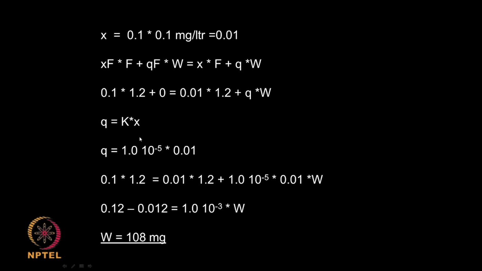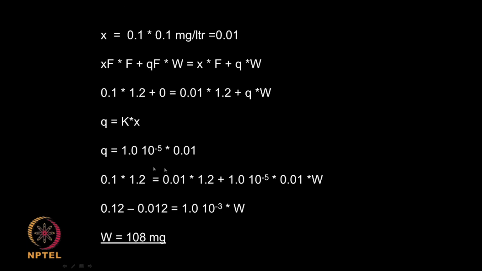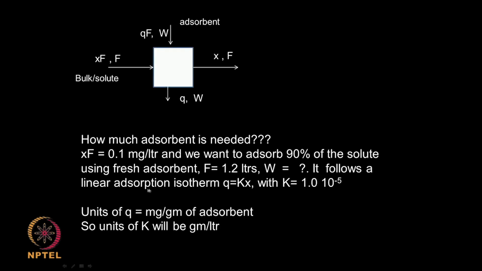And Q is equal to Kx, because I have said it is a linear adsorption equation, K is given here. So instead of Q I can put Kx, and I know the X value. I calculate W and end up with 108 grams. So I need 108 grams to recover 90% of my adsorbate, where it is a linear adsorption relation, with F and W given.